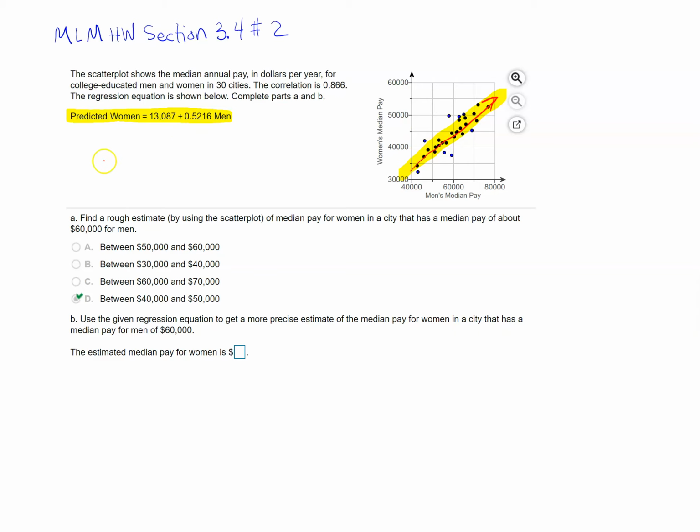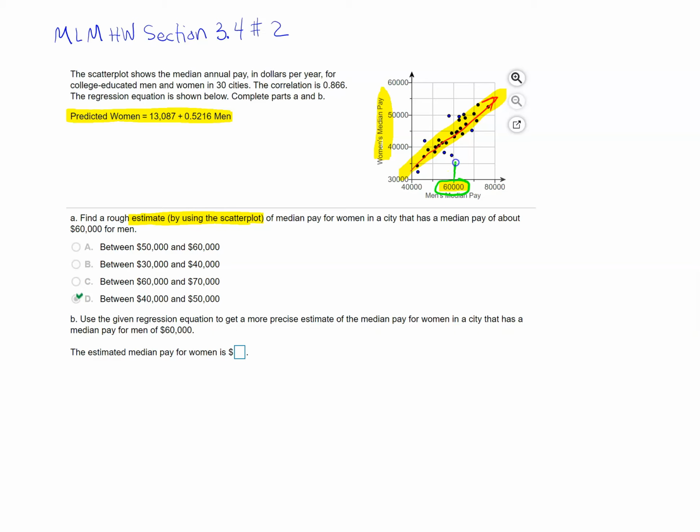And question A is asking us to find a rough estimate using the scatter plot of median pay for women, that's over here, in a city that has a median pay of about $60,000 for men. So they're giving me the $60,000 for men.